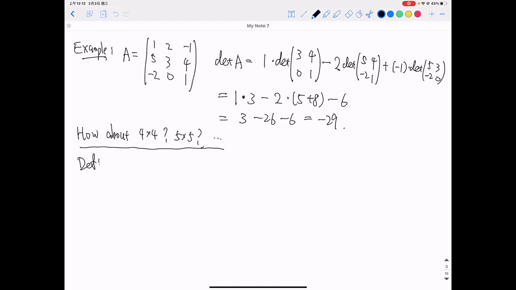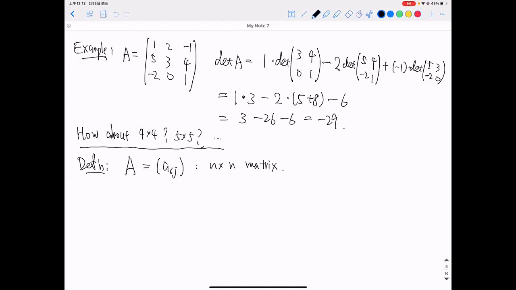We need a definition here. So suppose A equals (a_ij) is an m by m matrix.